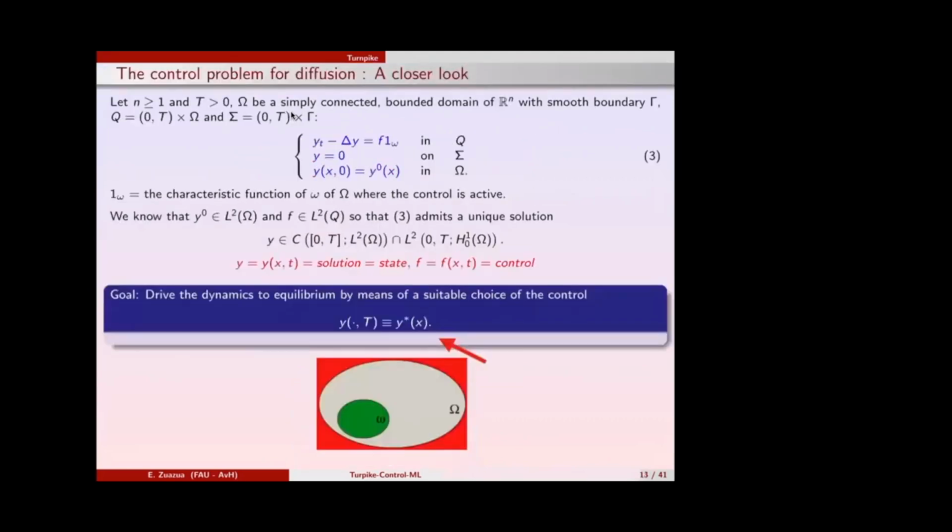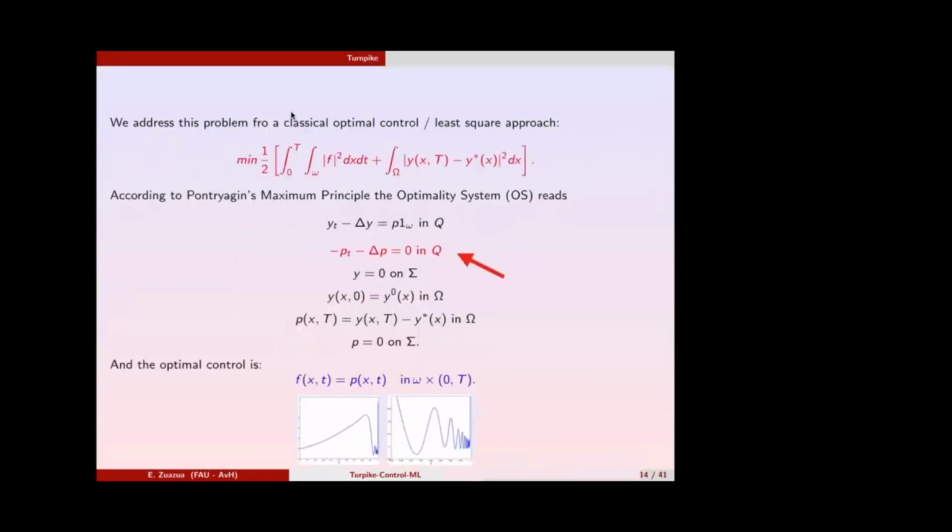If you want to conduct this heat equation from the initial configuration to the final desired configuration Y star, and you need to compute the heat source F that you want to apply in small omega to reach this target, what you should do is, out of all the possible F's in L2 of small omega cross (0,T), which are the admissible controls, you can allow all possible F's.